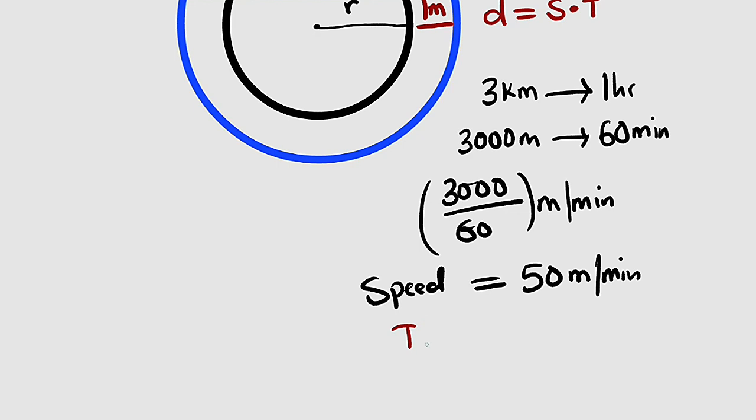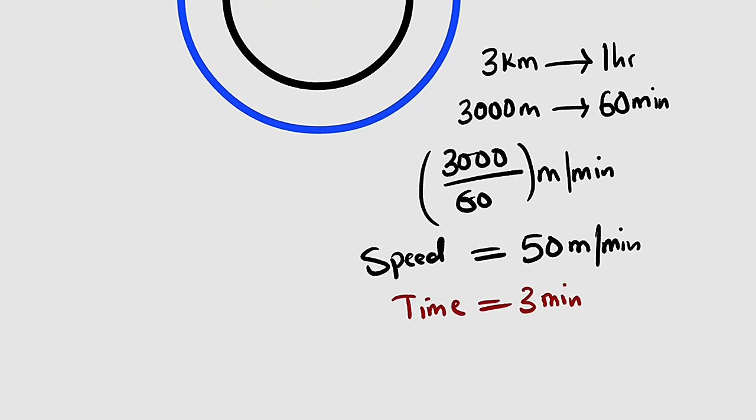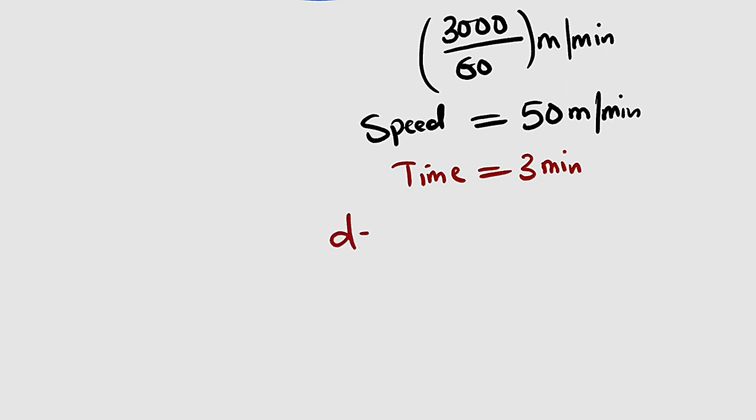And remember the time is 3 minutes. Therefore, the distance will be equal to 50 multiplied by 3, which is equal to 150 meters. So the distance around the outermost circle is 150 meters.